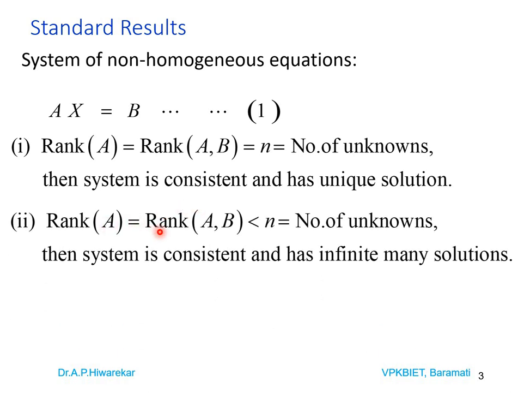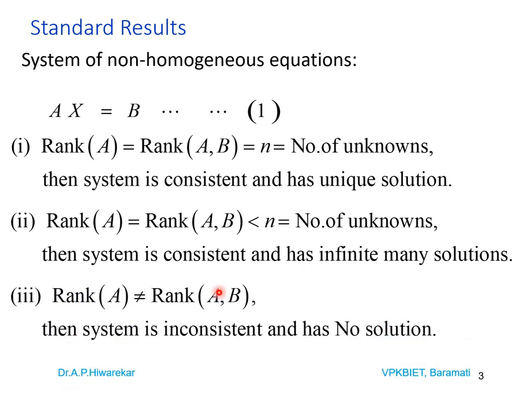If rank of A is equal to rank of AB and is less than n, then the system is consistent and has infinitely many solutions. And if rank of A and rank of AB are not equal, then the system is said to be inconsistent and has no solution.